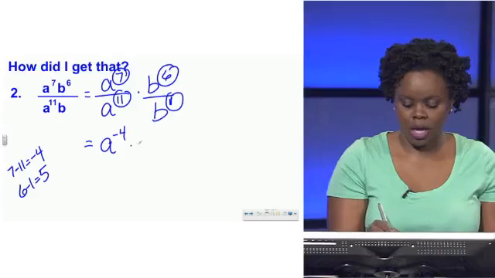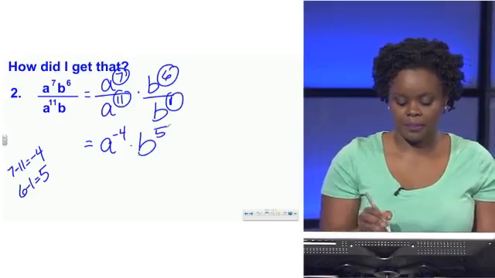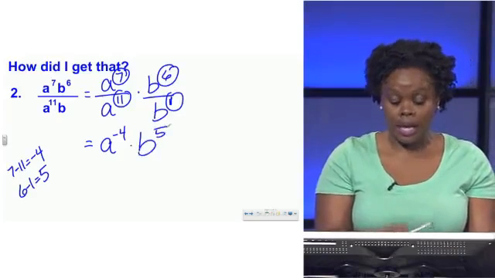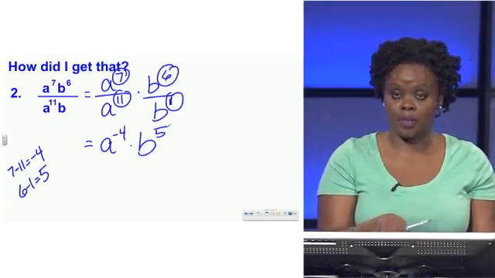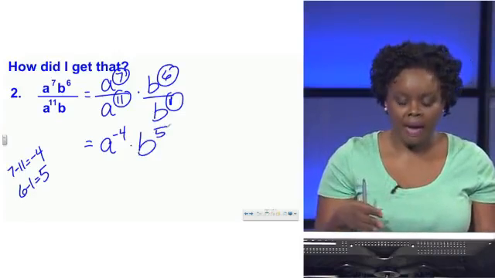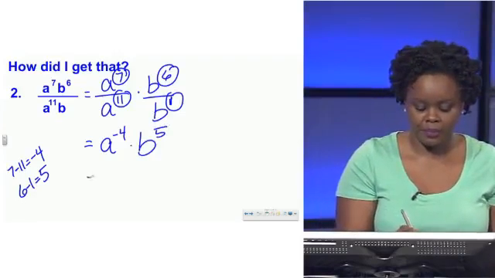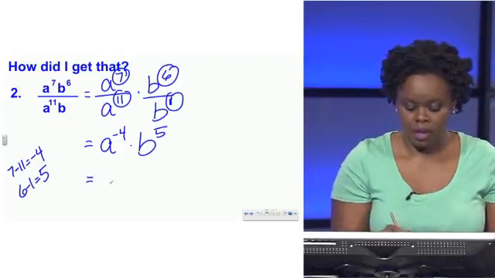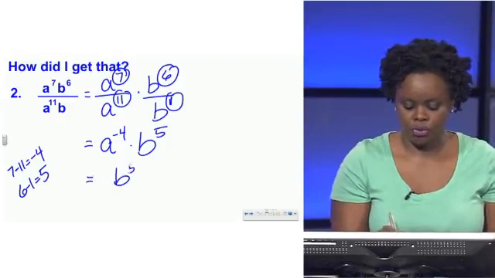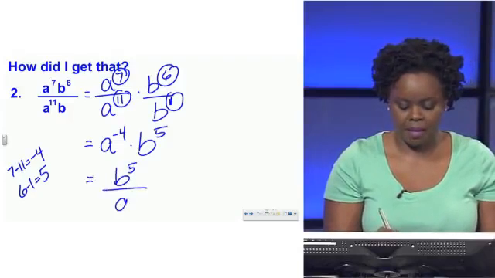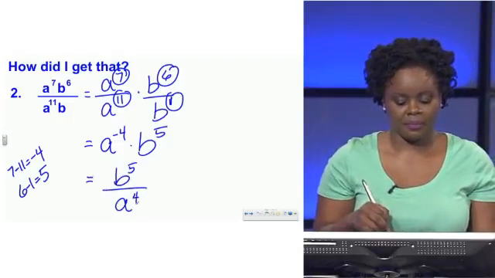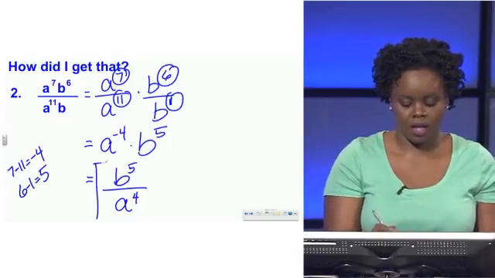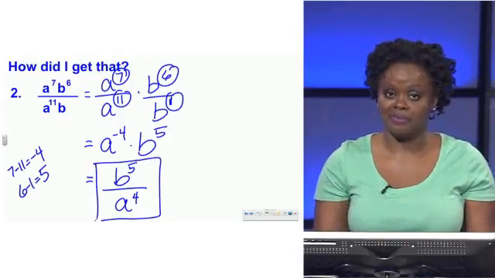So I knew that this was times b to the 5th. And I knew I wasn't done yet because I had a negative exponent. So you remember, we use what you know about patterns, and we just take a shortcut here. That a to the 4th is part of the numerator right now, so I need to drop it to the bottom and make it positive. And that is how I got that second answer.